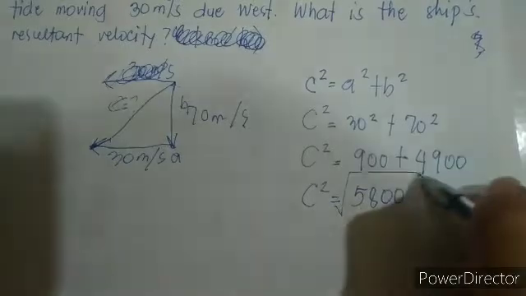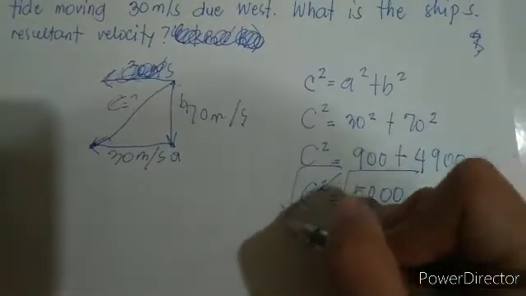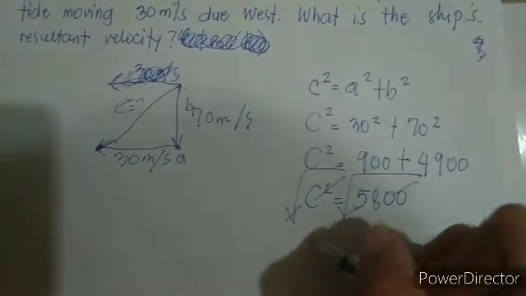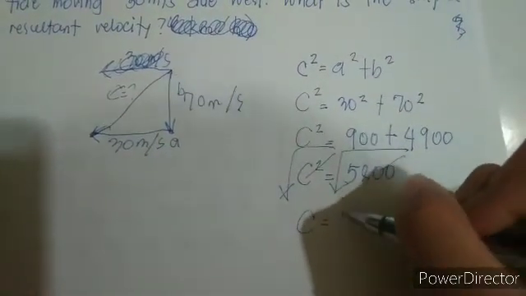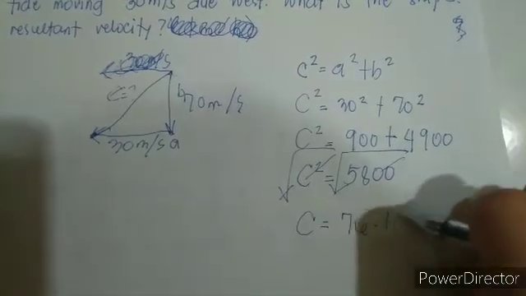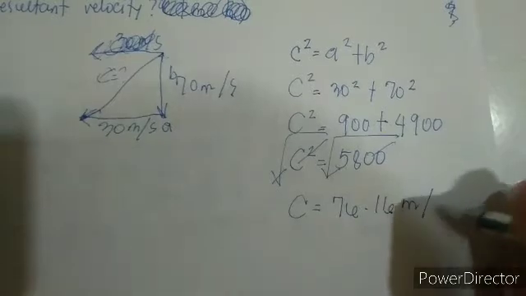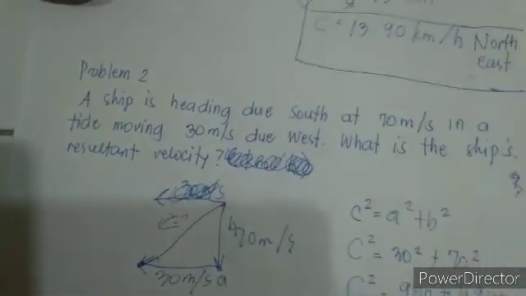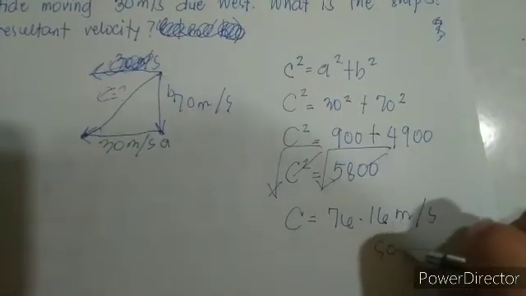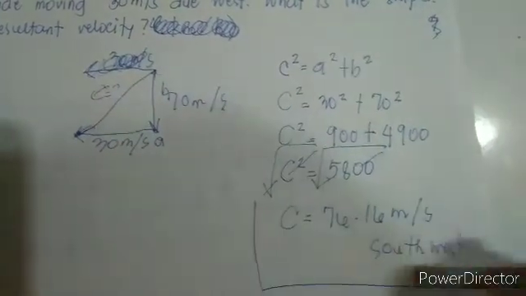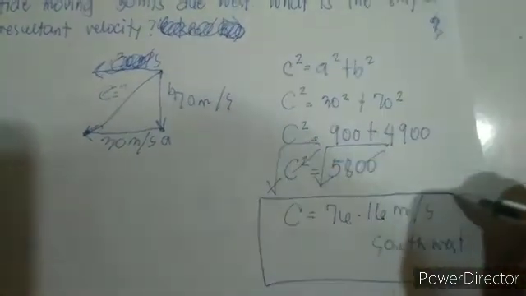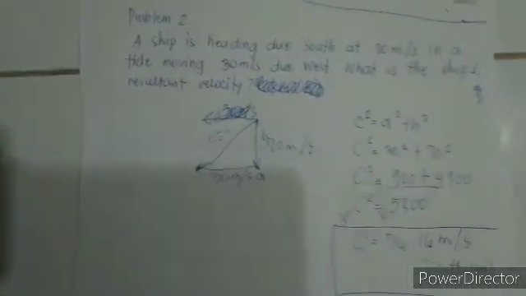So let's take the square root to cancel the square. C is equal to 76.16. So our unit here is meters per second, and the direction is southwest. So that is our resultant velocity in problem number 2.